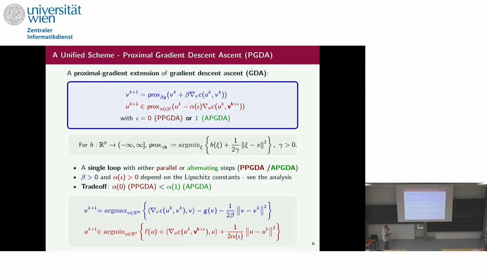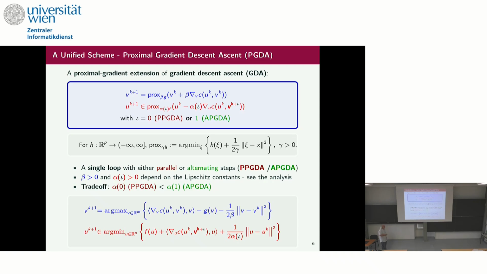So this index is controlling it. When you take one here, then of course you see that it's k plus 1, so you are doing the alternating version. You use first of all the maximization in v, and then you compute the u. This of course is the prox operation, the usual prox for an arbitrary function, which of course may not be unique or exist.